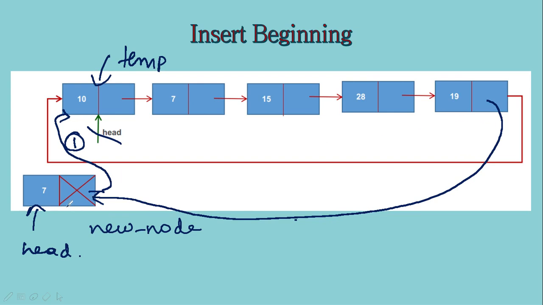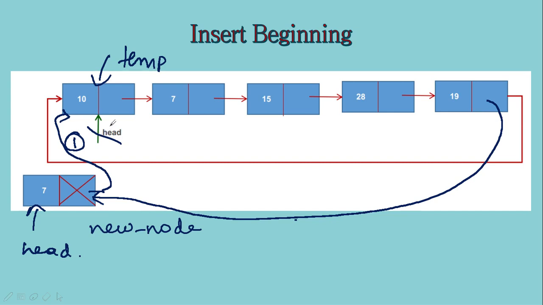Suppose I move the head before I move to the last node, then I will be in trouble. My temporary pointer will be moving in an infinite loop. I hope my point is clear. I have to first declare a temporary pointer and initialize it to the head of the list, and move it to the last node, because in a circular linked list we identify the last node when its next part is equal to head, that is the current first node.